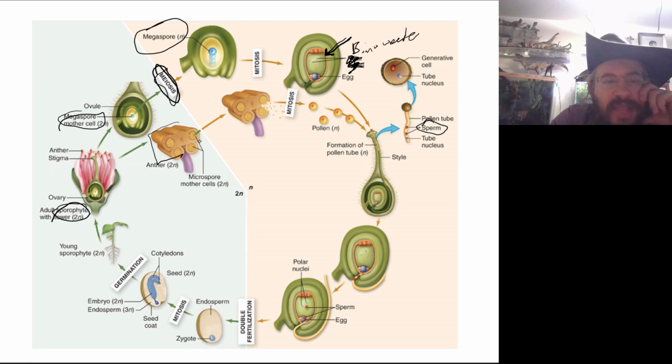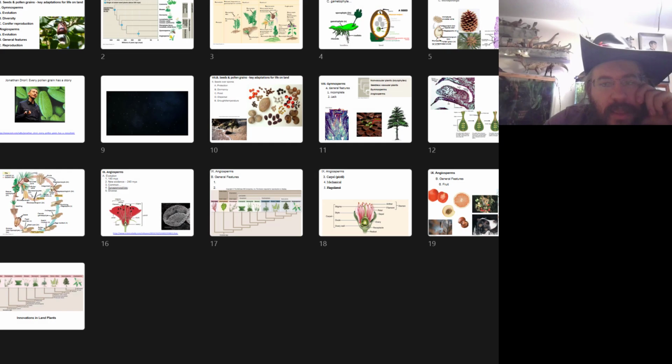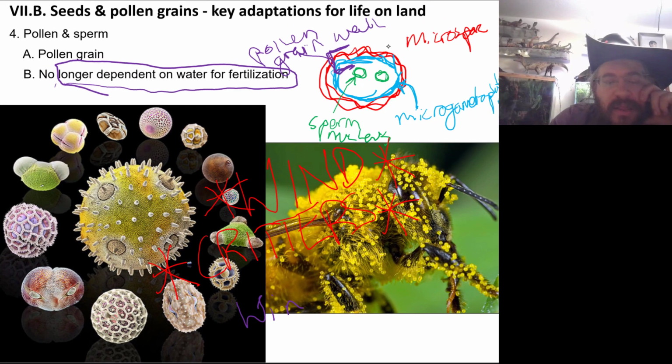The microsporocyte undergoes meiosis to produce 4 microspores. Each microspore produces pretty much the same thing you're looking at here, right? The microspore, the microgametophyte tissue, and the 2 sperm nuclei.